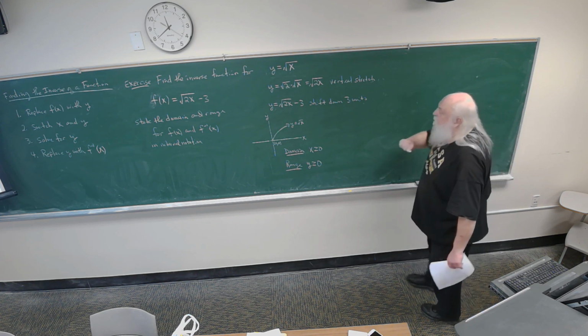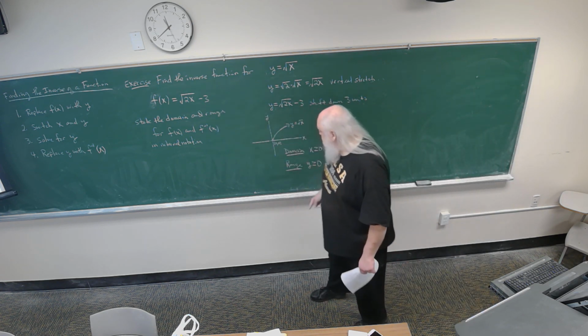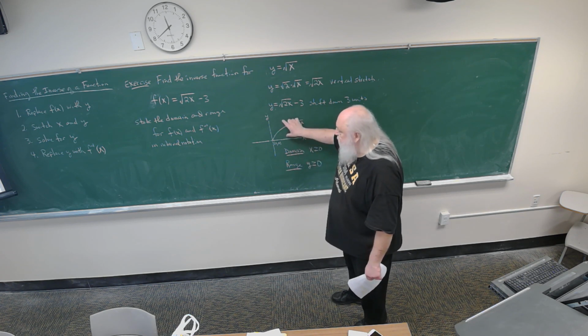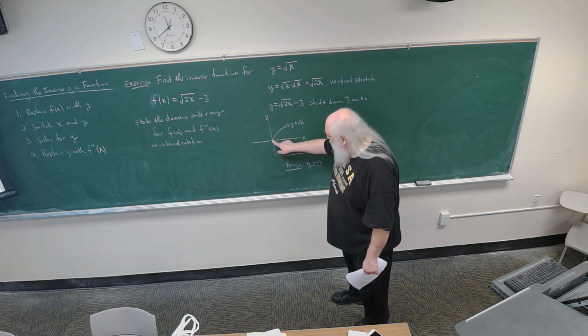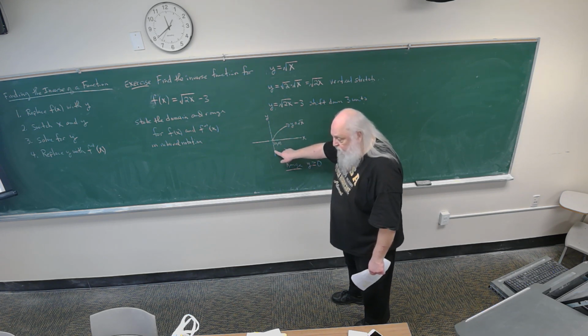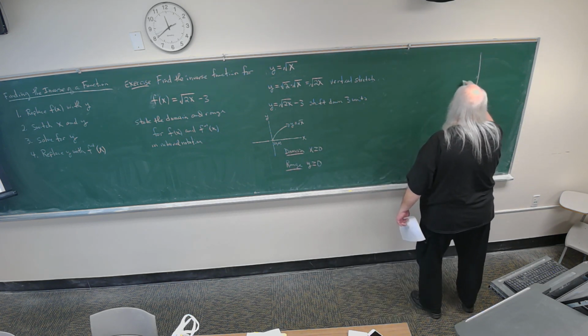But now, in graphing the f of x, right, we got to stretch it by square root of 2 and then subtract 3. And so the graph is going to get shifted down. This point right here where it starts is going to get shifted down here to y equals minus 3.